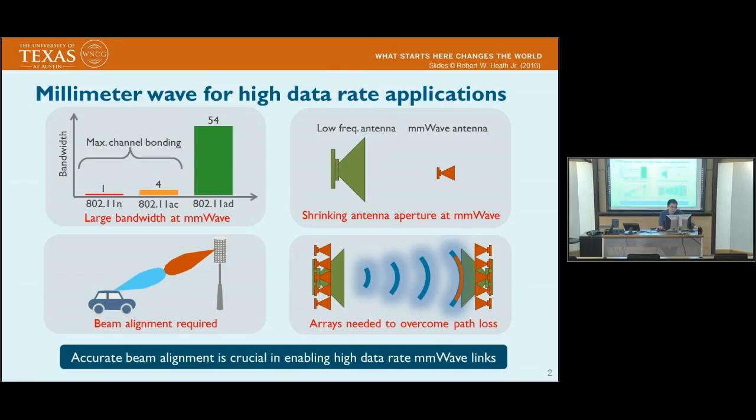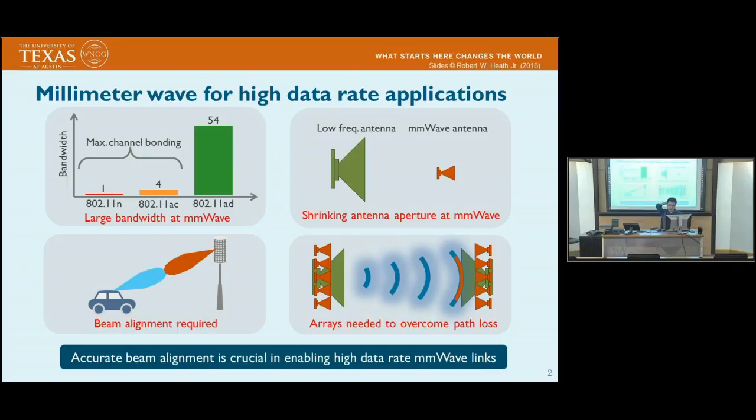If we assume that 802.11n has a bandwidth of 1, then the newer version of the Wi-Fi standard, 802.11ac, uses 4 times that. And 802.11ad, which is Wi-Fi at 60 gigahertz carrier frequencies, has 54 times that amount of bandwidth. However, this bandwidth does come with challenges.